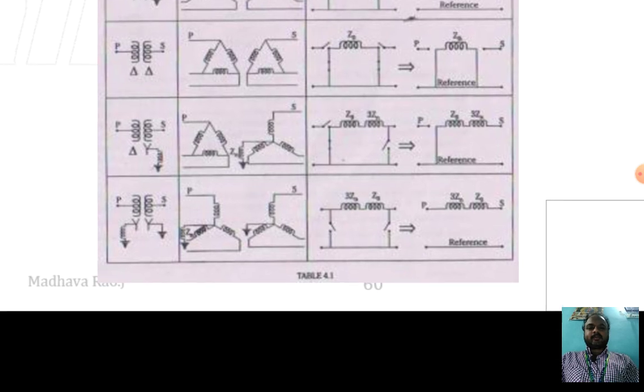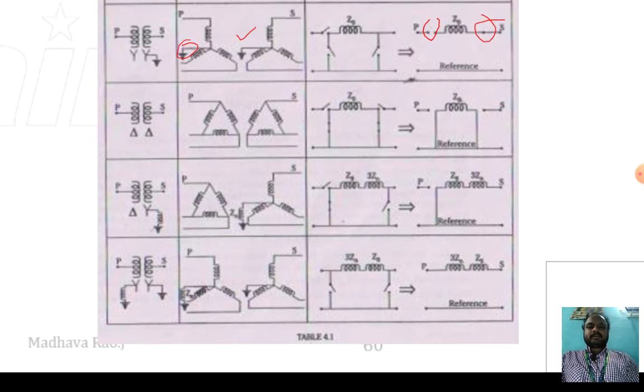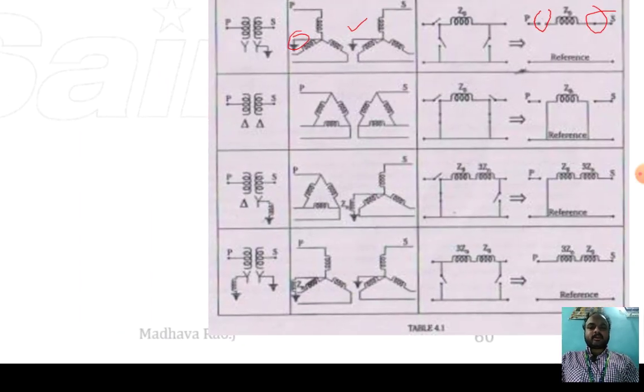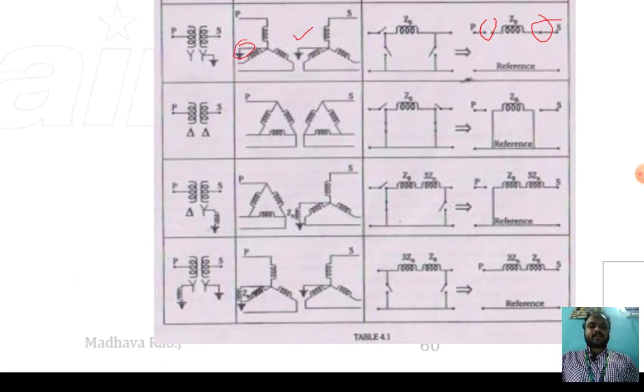And the next one is delta star with grounded. In the delta connection the shunt switch is closed, and in the star connection the series switch is closed. And the last one is star, both grounded. So here the series switches are closed and the shunt switches are open, right?